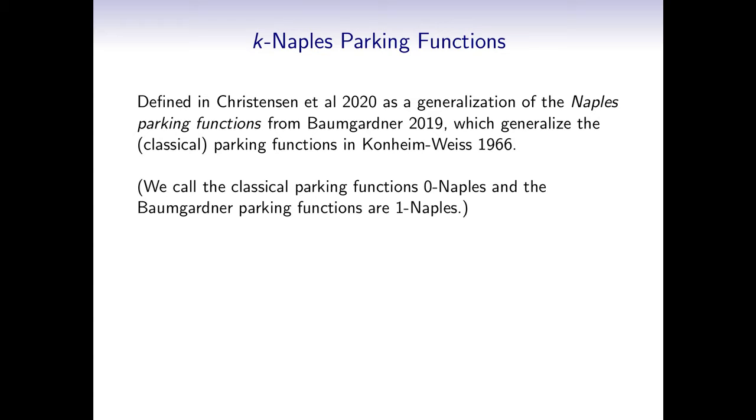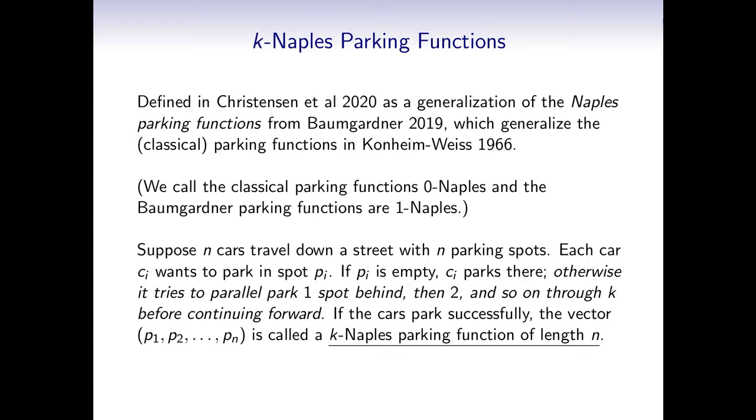So what is a k-Naples parking function in general? It's a way for n cars to park in a street with n parking spots, subject to the following parking rule. So there are n cars traveling down a street with n parking spots. Each car wants to park in a particular spot. The car likes a spot.